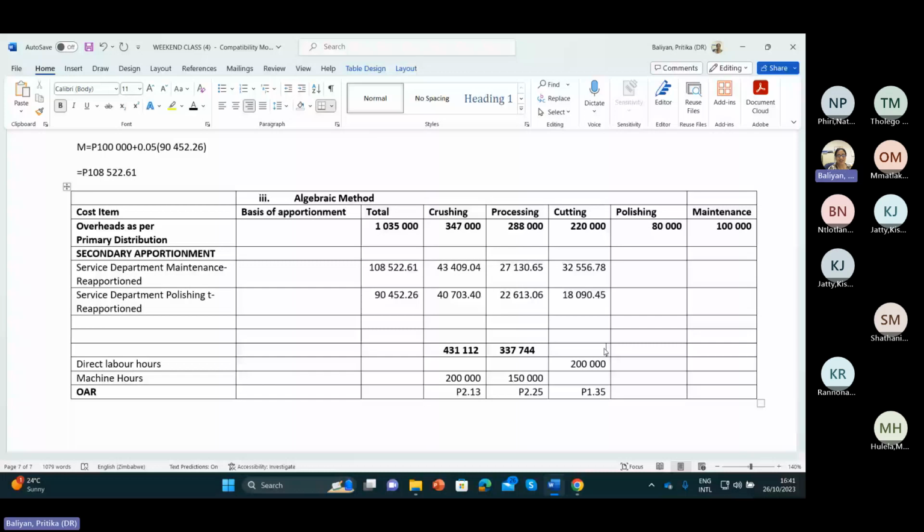So the total is 270,647. Okay. Right. Then we add them.